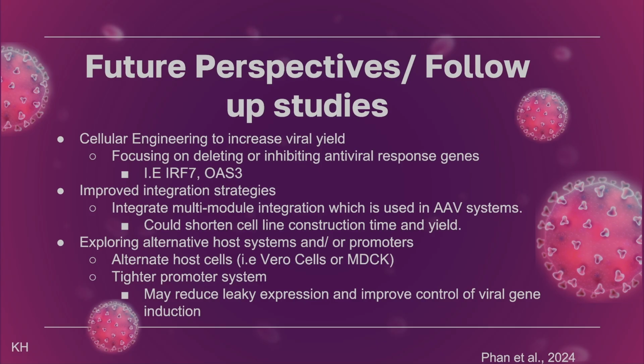Specifically in this study, the IRF7 or the OAS3 gene. By reducing the cell's innate antiviral defenses, that could allow for potentially more efficient viral replication and higher overall productivity. Additionally, maybe finding a more optimal section of the genome to place the selected genes that they're looking for.